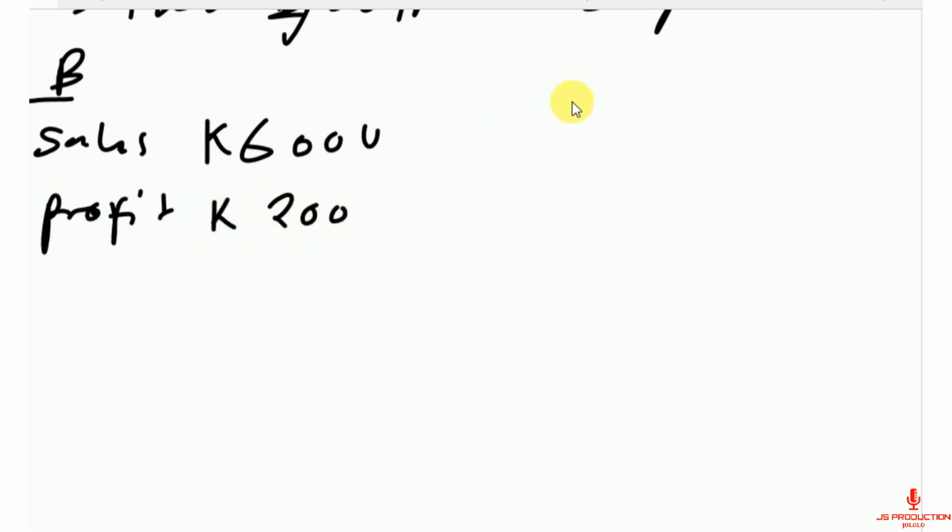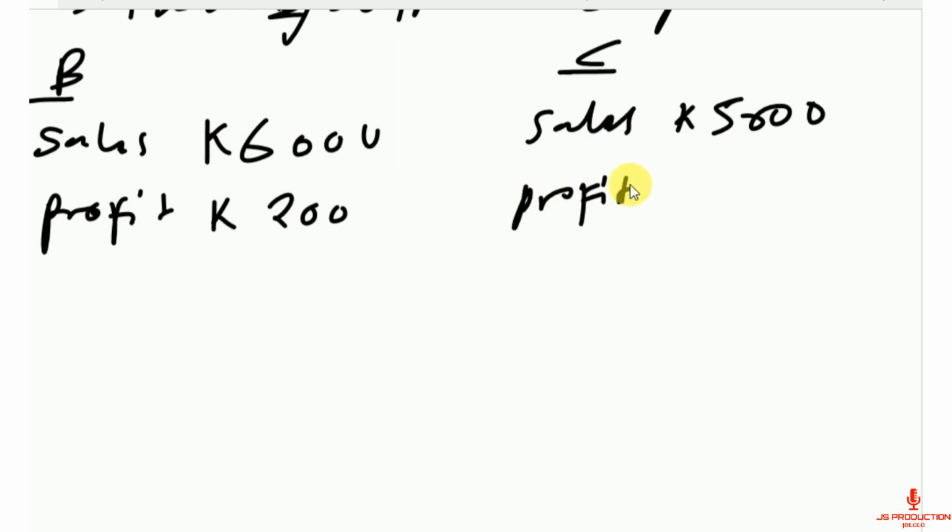If we look at company C, the sales were 5,000 and the profit which was made was 250.